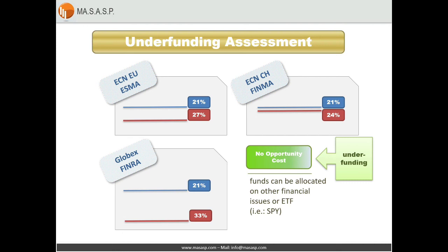Of course, the amount of funds available for the alternative investment, such as the ETF above mentioned, is just 67%, meaning 100% minus 33%.